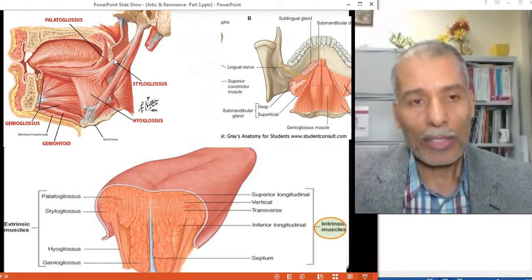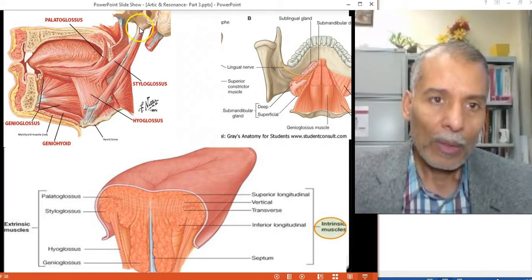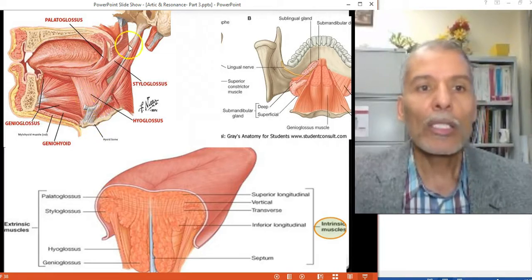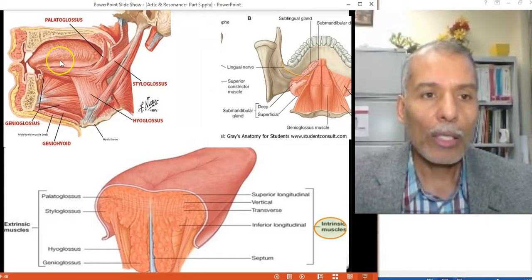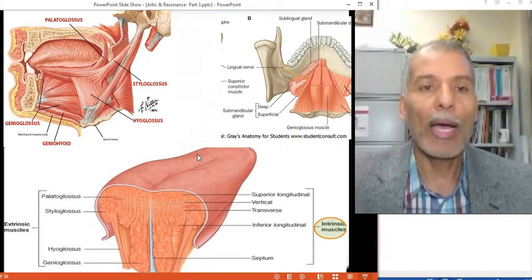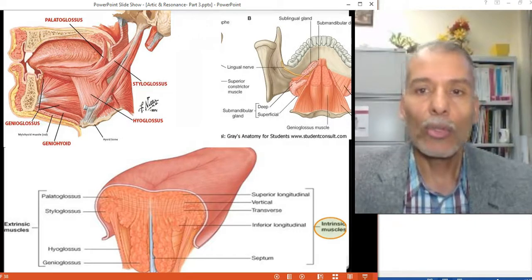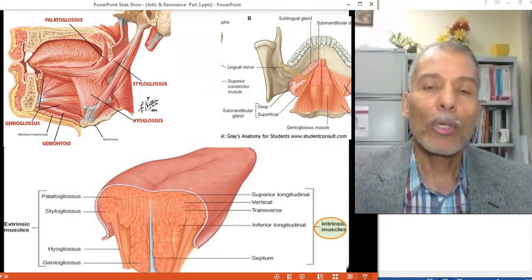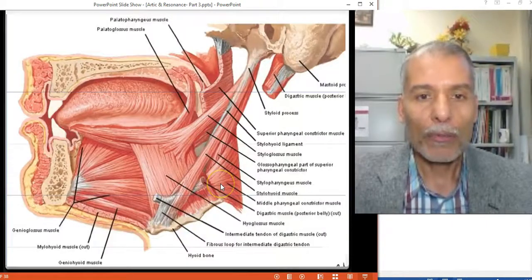So examples of the extrinsic muscles, you can see here, this is the styloglossus, hyoglossus. So these originate somewhere else and insert onto the tongue, genioglossus. So let's start looking at each one in detail, and you need to know the origin and insertion, in terms of anatomy, and also the physiology or the function of the muscle.